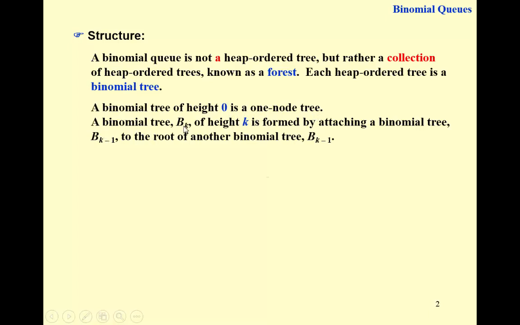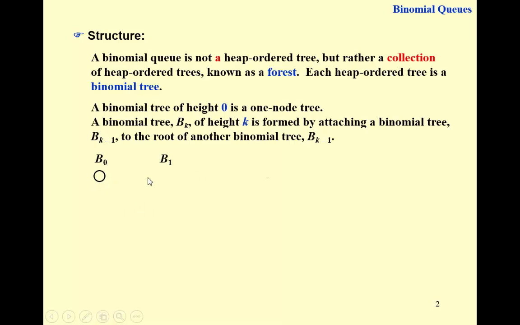A binomial tree of height k, if we denote it by B sub k, is formed by attaching a binomial tree B sub k minus 1 to the root of another binomial tree B sub k minus 1. So what does it mean? Let's start from the smallest case, B sub 0. B sub 0 is a one-node tree. This is what B sub 0 looks like.